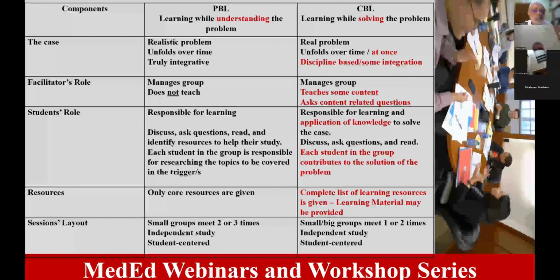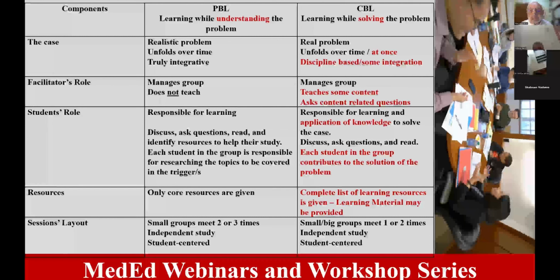Coming to students' role in PBL, of course, students are responsible for their learning. They discuss, they ask questions to each other, they read, and they identify resources to find out the answers. And each student in the group is responsible for researching the topic to be covered, mentioned in the triggers.